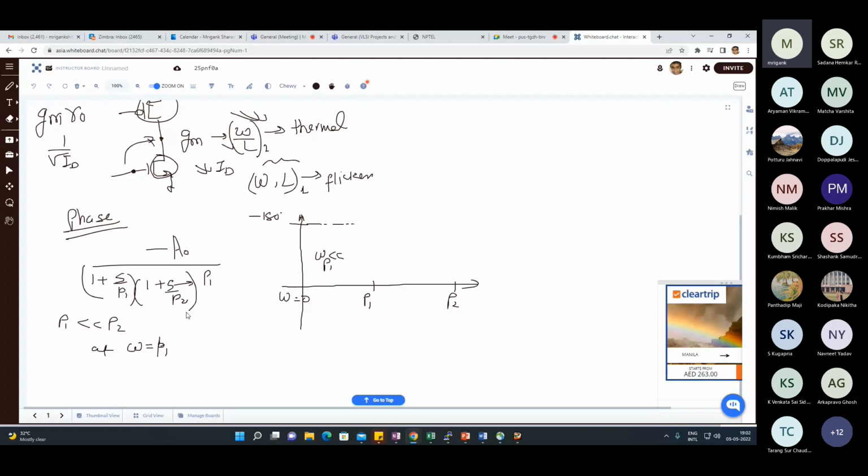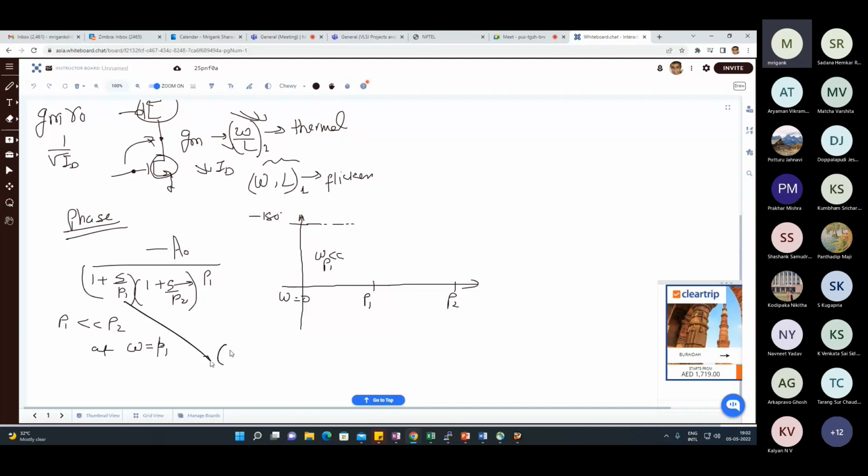Now at omega equal to P1, this term is going to give you 1 plus iota in the denominator. So in the overall expression, it is 1 upon 1 plus iota. In the magnitude, of course, we get 1 upon root 2. And in the phase, it is e to the power of iota pi by 4, right? So here you have the magnitude and the phase.